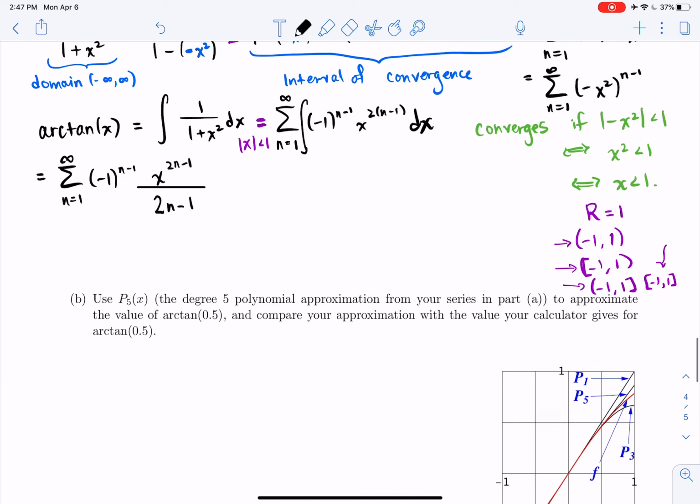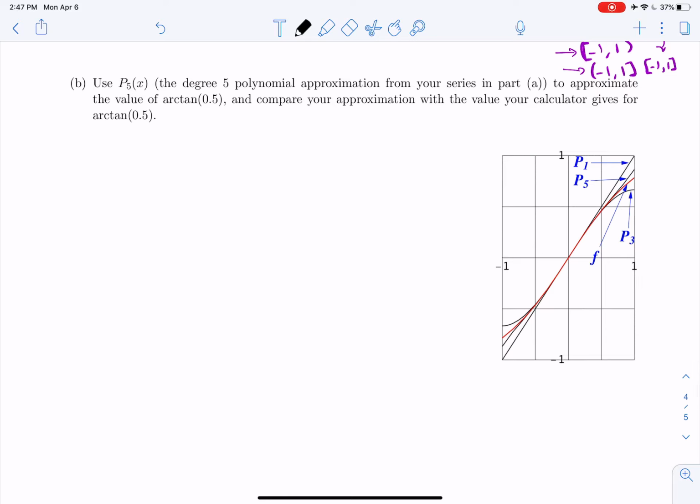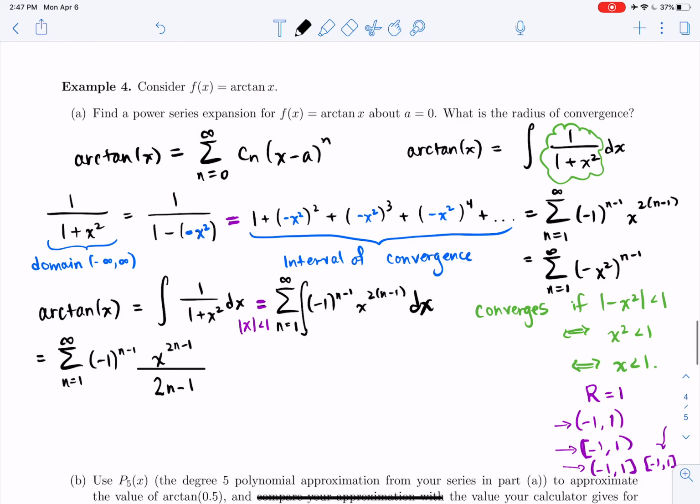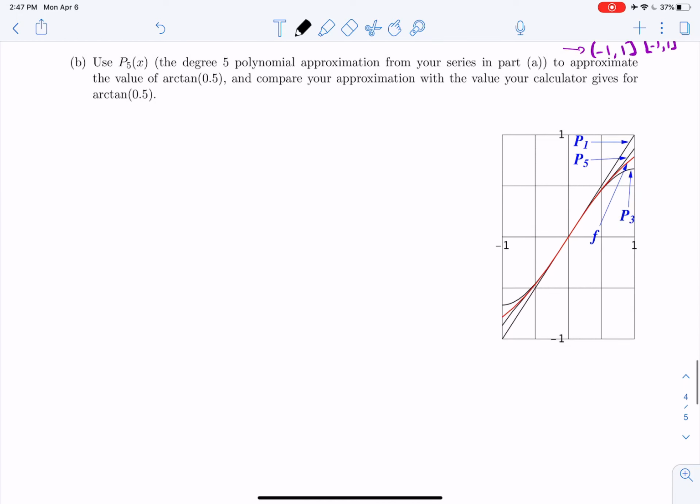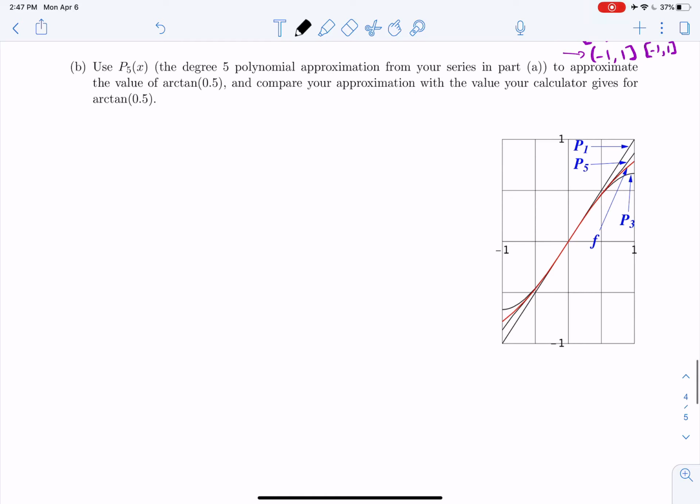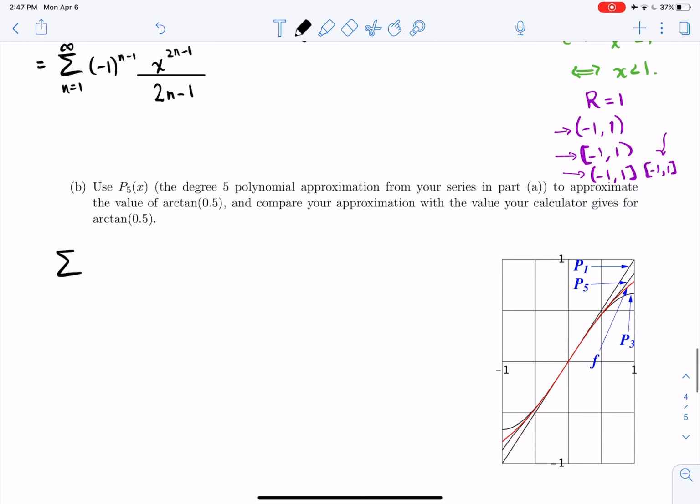Okay, now what we want to do is use the fifth partial sum of that series to approximate the value of arctan of 1/2. So we're going to use the series we just derived. Let me copy it here: the sum from j equals 1 to 5 of (-1)^(j-1) x^(2j-1) over 2j-1, at x equals 0.5.